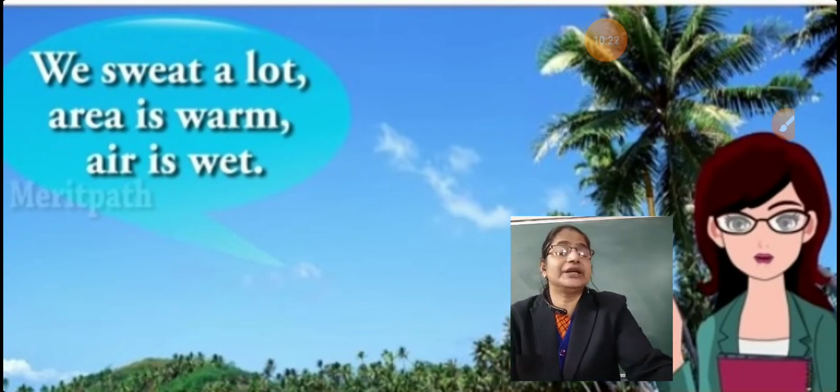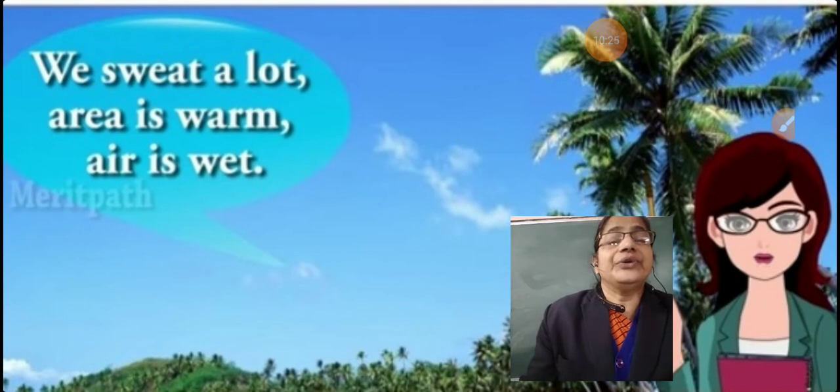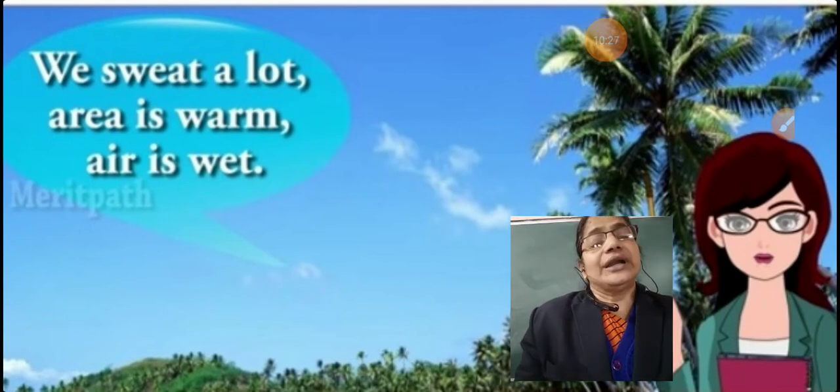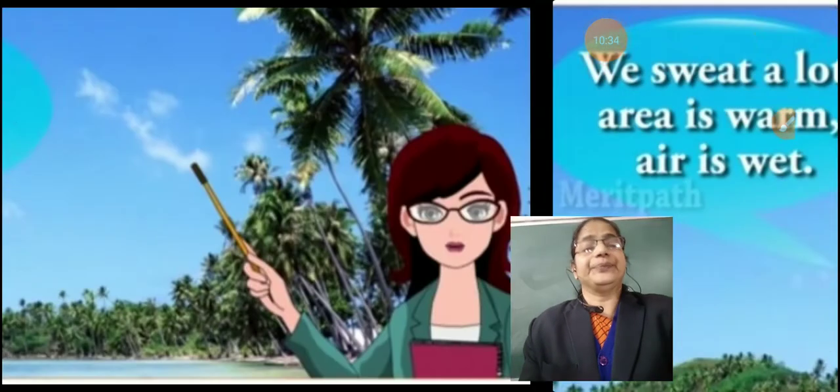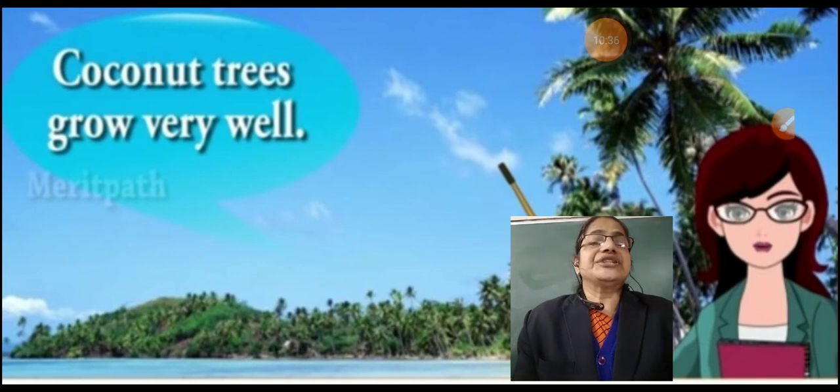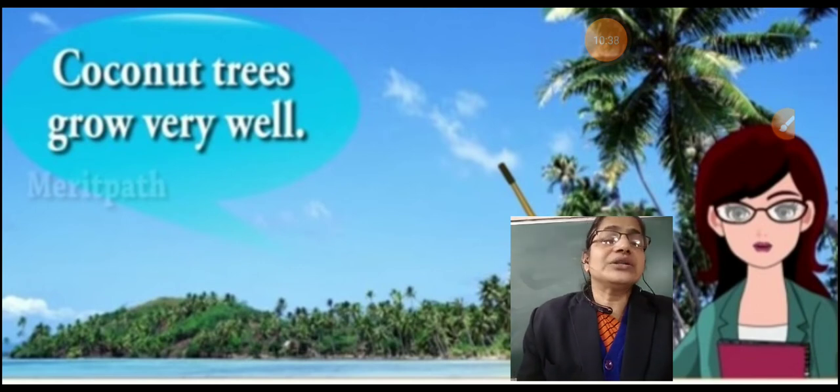You can see here the climate. The climate is very hot. That is why we are sweaty. Coconut trees grow very well. In the hot season, coconut trees grow there.